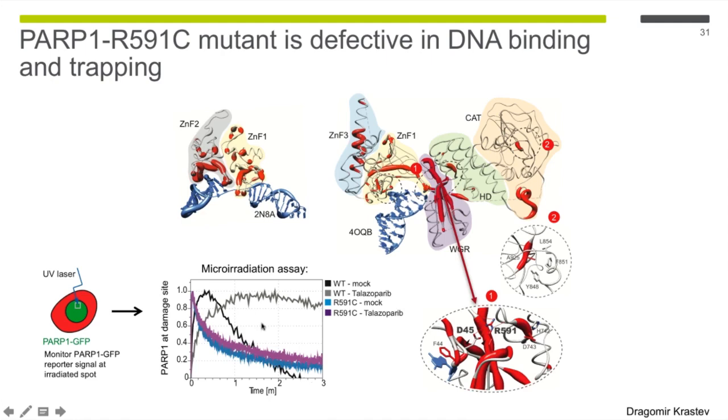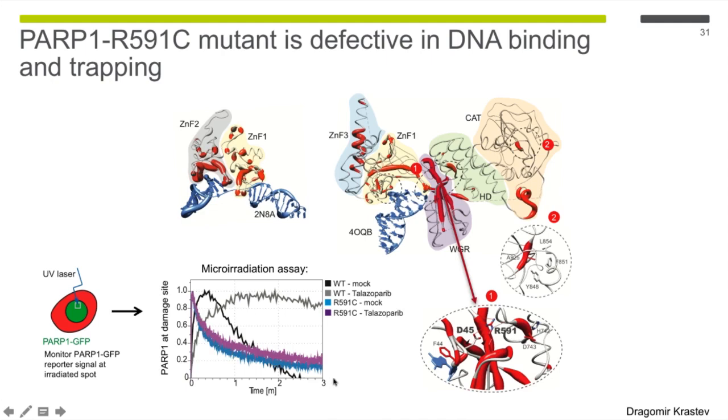If we add talazoparib, shown in the gray, PARP comes on and stays on. This is the trapping effect, which you can see very clearly in this microirradiation assay. But if you look at the colored lines, which show cells expressing a GFP fusion with the R591C mutant, although these do bind, they're not stably bound at all, and both in the presence or absence of talazoparib, these mutants quickly dissociate from the site of DNA damage.